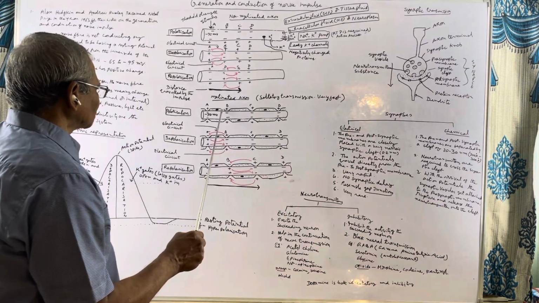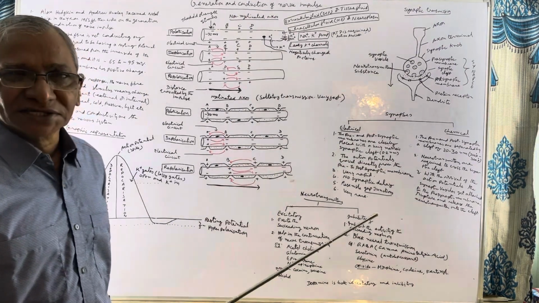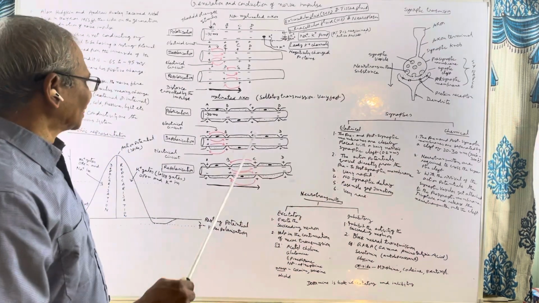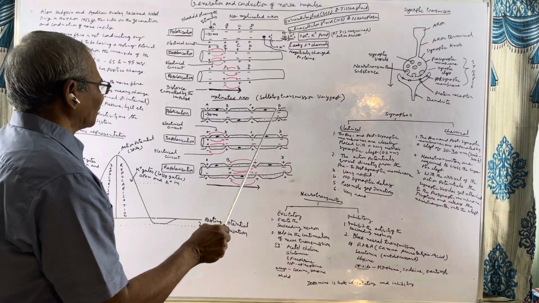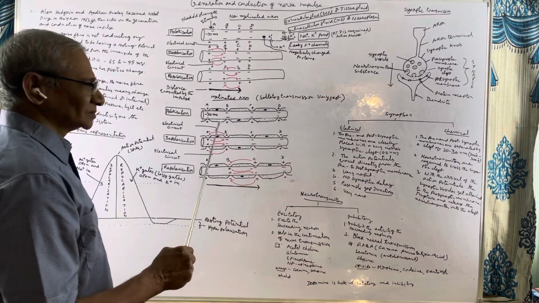Between two successive Schwann cells, there is a narrow gap where the neurolemma is exposed or naked. These points are known as nodes of Ranvier.